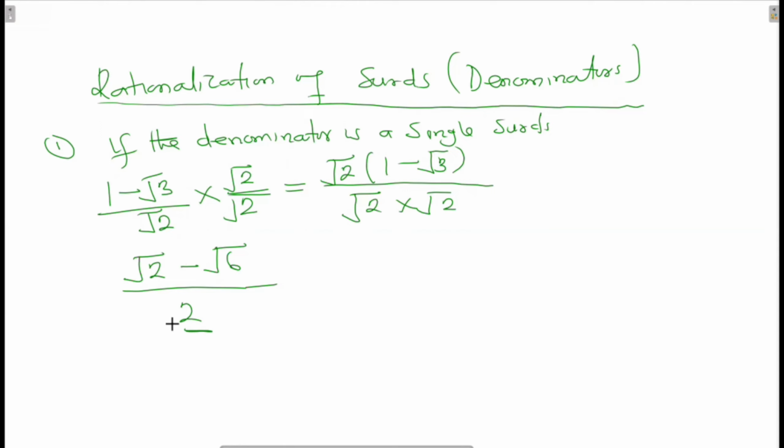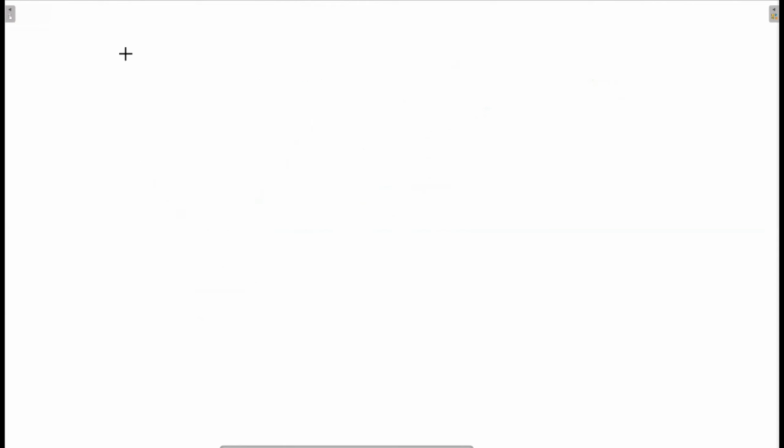But the second part of this is when we have a denominator as not a single surd. That means we have it in this form: 2 plus root 3 divided by 2 root 3 minus 3 root 2. Now you see that this denominator is not a single surd.